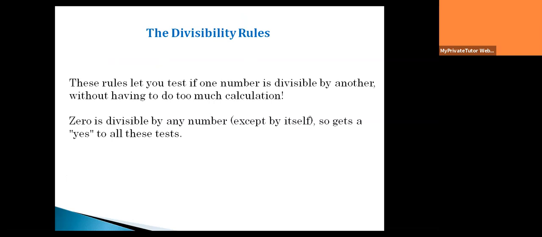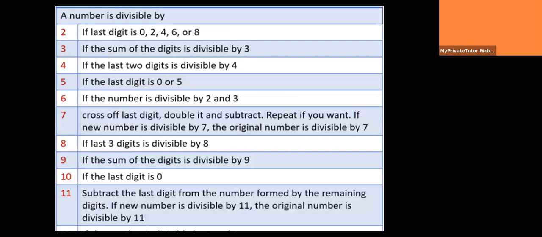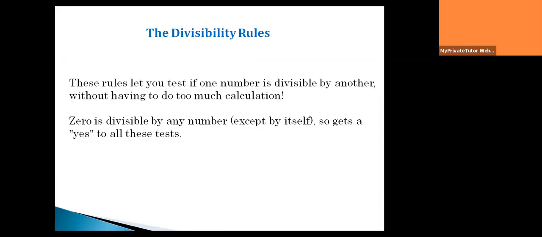These rules let you test if one number is divisible by another without too many calculations, which means we are not dividing, we are just doing the test.